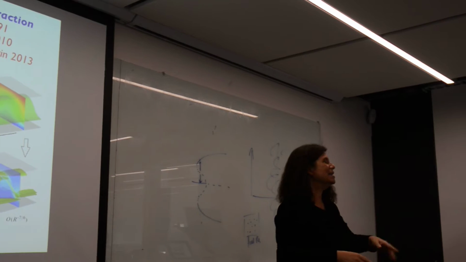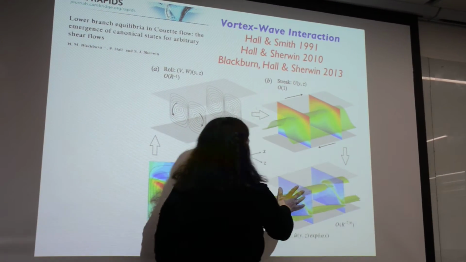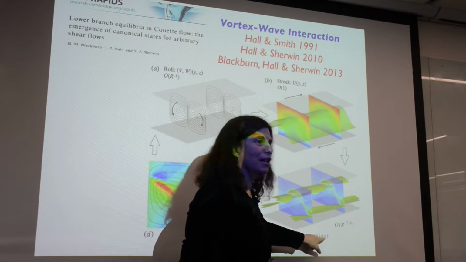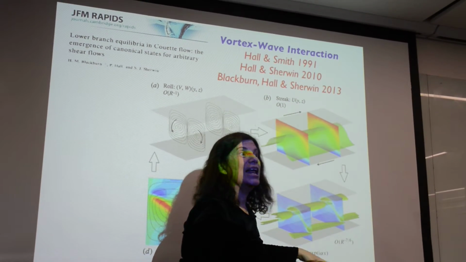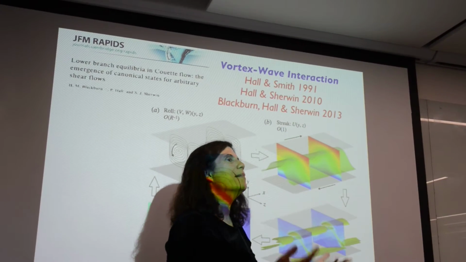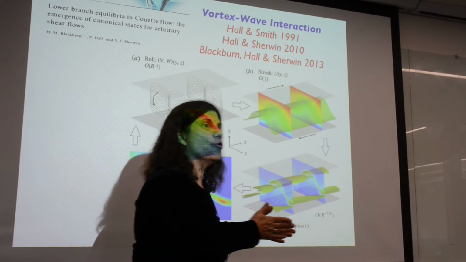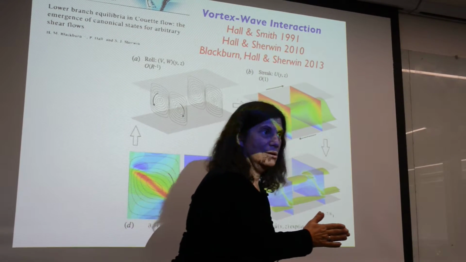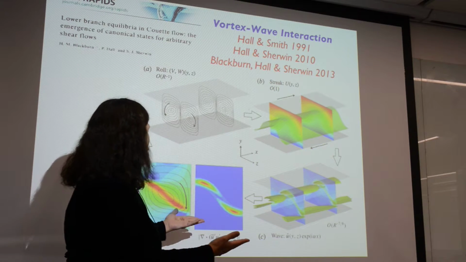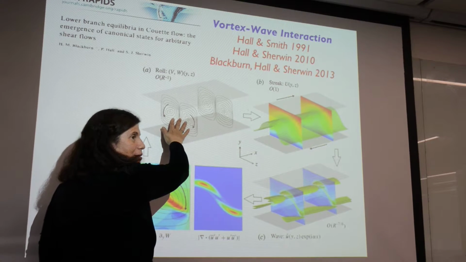And now, by a mechanism that I'll talk about much more later, we can say e to the i alpha x, and nonlinear interaction is going to put together e to the i alpha x with e to the minus i alpha x, leading to something which is streamwise invariant. And that thing happens to reinforce this.